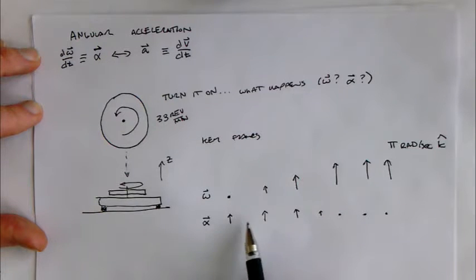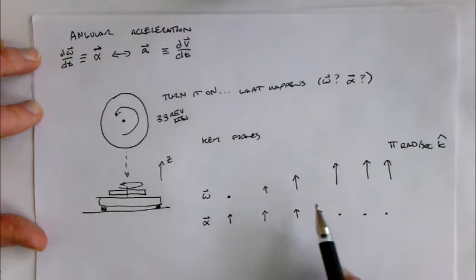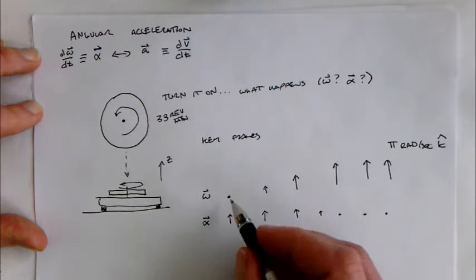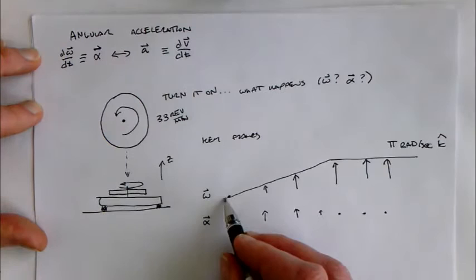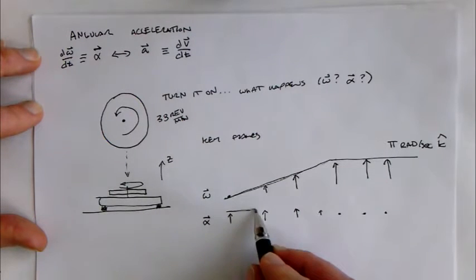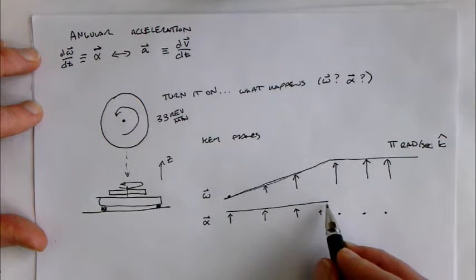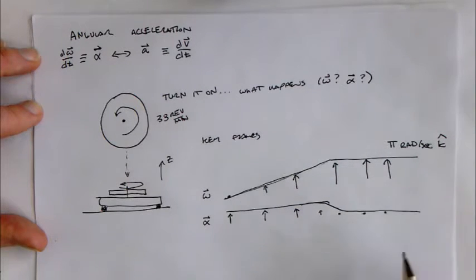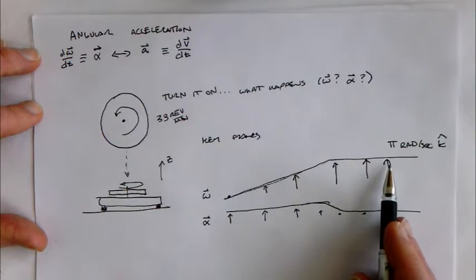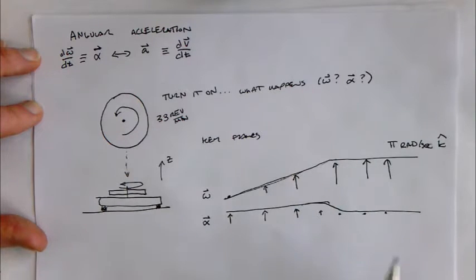So you have this analogy here that's pretty easy to see. I've got the angular velocity going up and becoming constant. During the time the angular velocity is going up, the angular acceleration is positive, and then that drops to 0 once the angular velocity has reached a constant value. Okay? So that's a fairly simple example of how we think about angular acceleration.